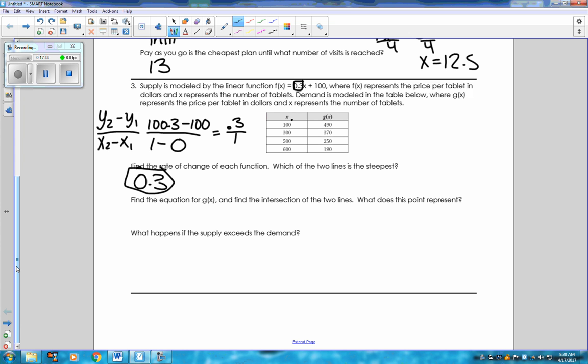What was the rate of change of my table? Find the rate of change of the table.